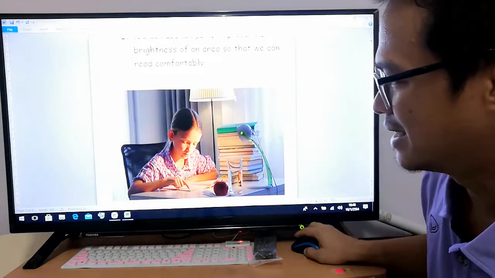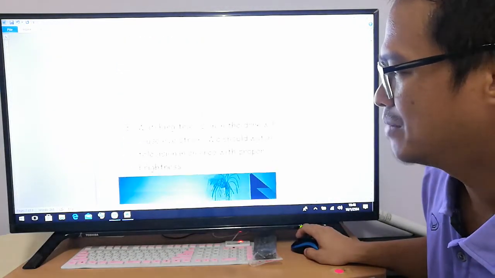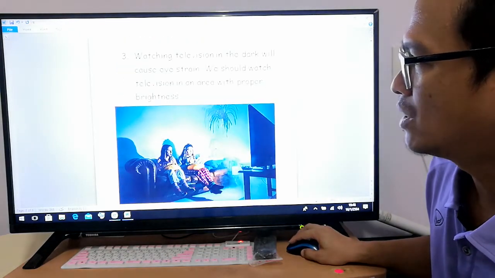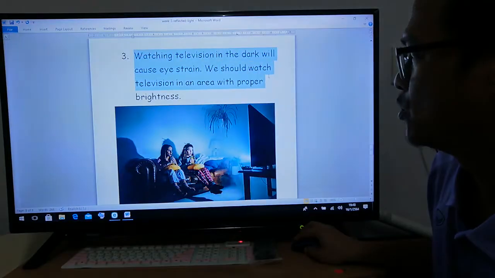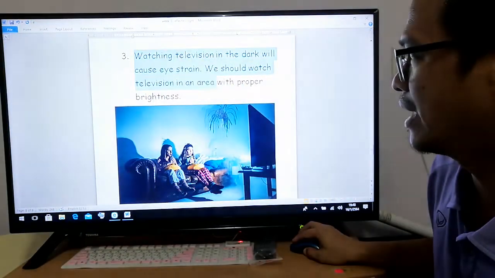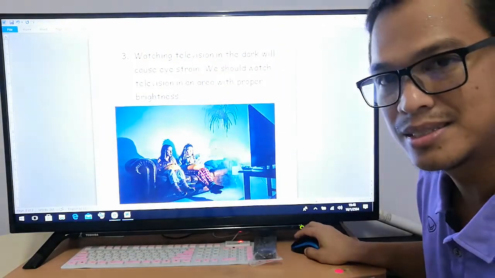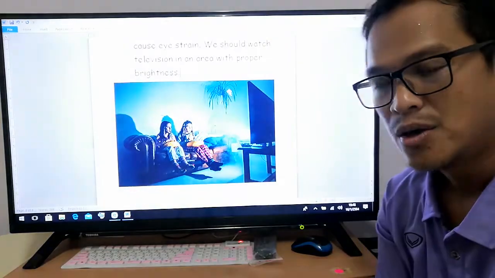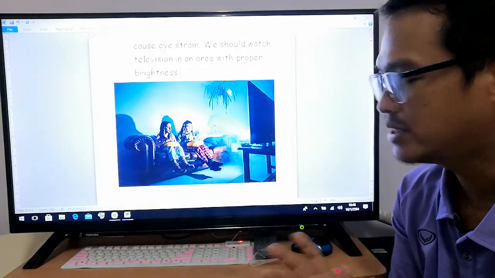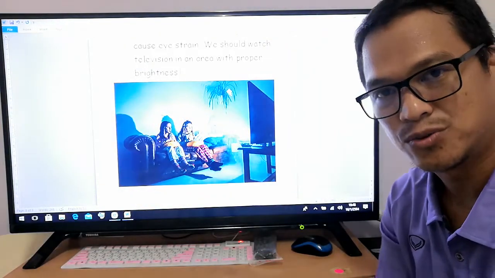Next, number 3, watching television in the dark will cause eye strain. We should watch television in an area with proper brightness. As we look at this picture, we must watch TV in a well-lit room.